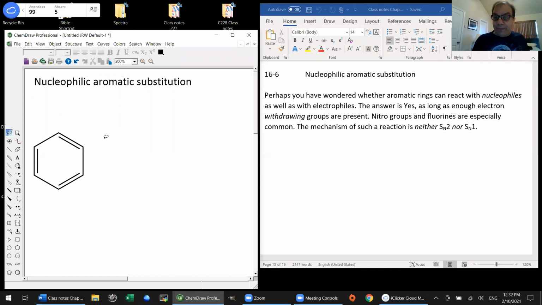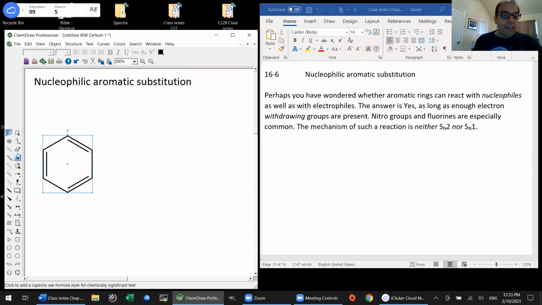Small wonder that those aromatic rings that have electron-rich groups on them are going to be activated towards reacting with an electrophile. But here, the aromatic ring is going to be reacting with a nucleophile. And so now we find that electron withdrawing groups activate aromatic rings towards nucleophilic aromatic substitution.